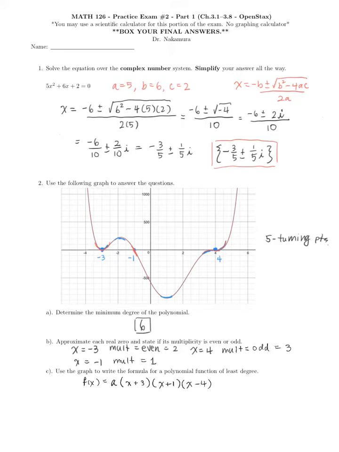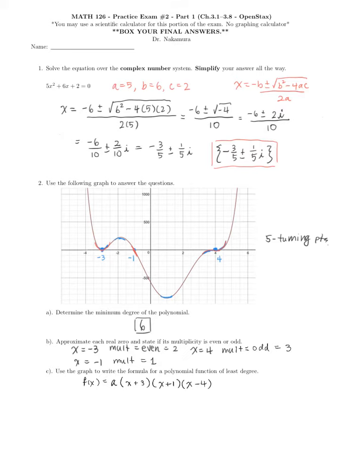So notice that if I set x plus 3 equal to 0, then x is going to be negative 3, which matches up with our answer. Similarly, for x plus 1, setting x plus 1 equal to 0, then your 0 is going to be what? Negative 1. X minus 4 equaling 0, then your 0 will be 4.